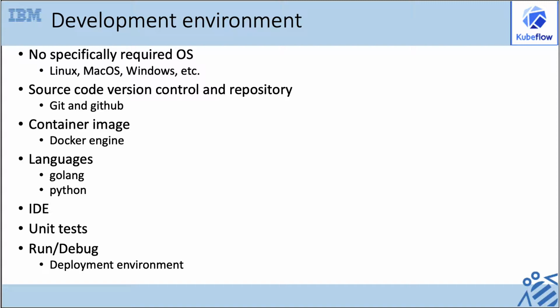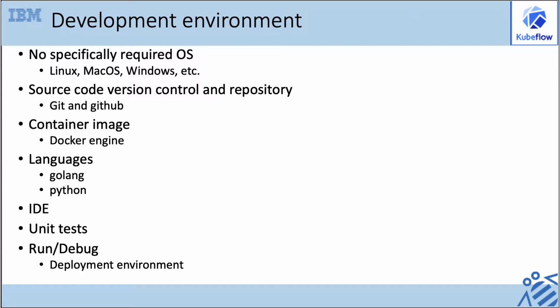Because this is a cloud native project, many of the components and applications run as container images. So you need to have knowledge about Docker, and use the Docker engine to build and push the container image to a Docker registry. For the coding languages, it depends on the project.